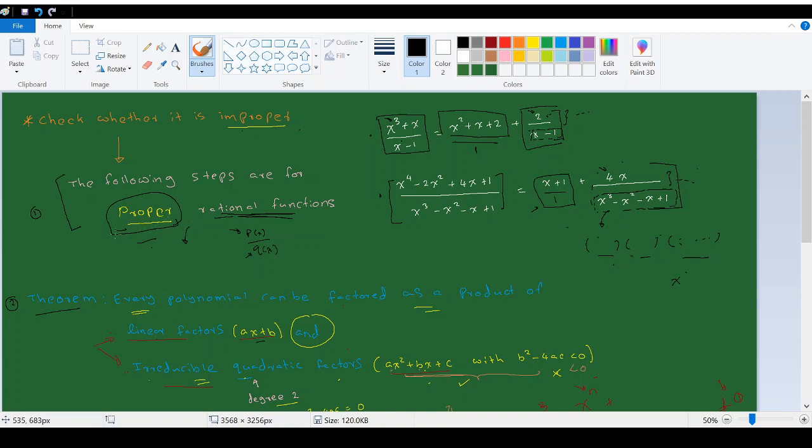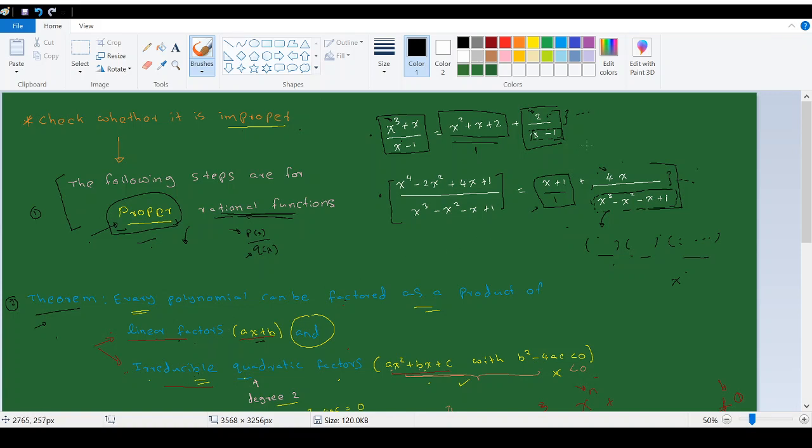Those methods will be valid only for proper rational fractions. And in the theorem it says no matter what polynomial you have, it can be reduced down to a product of linear factors and irreducible quadratic factors.